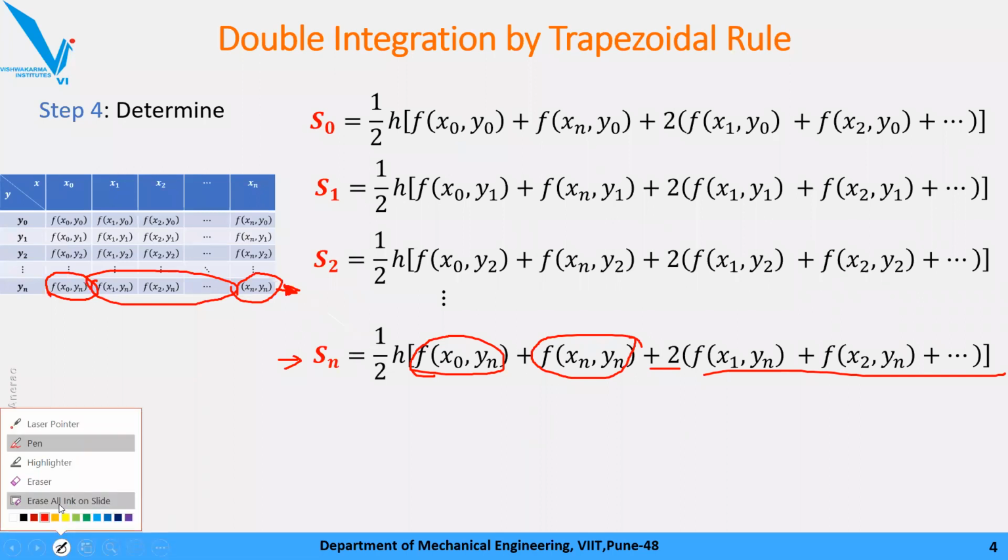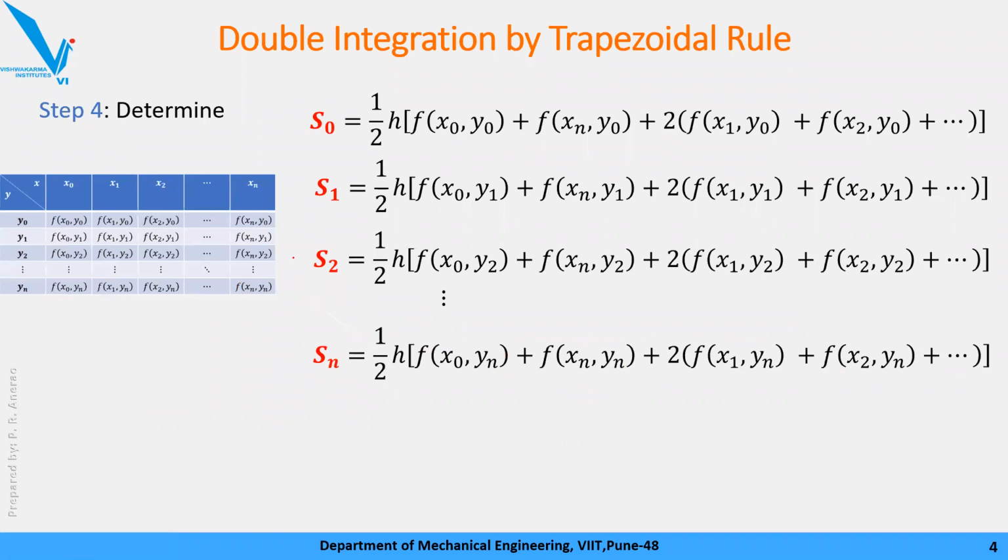Now the next task. So we have calculated the integration at various levels of y. See, here the change is happening in y. If you look at the change in s, there is a change in y. Now we have individually calculated the area for various values of x by keeping y constant.